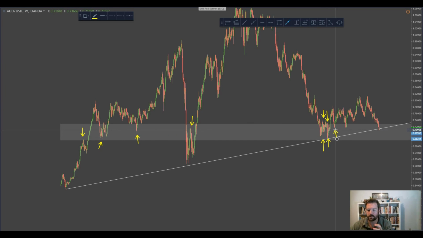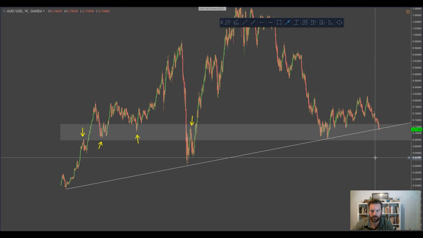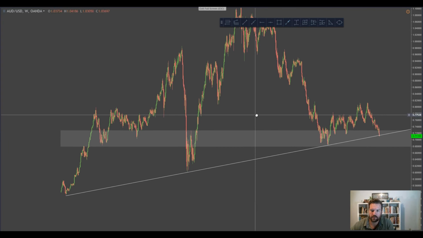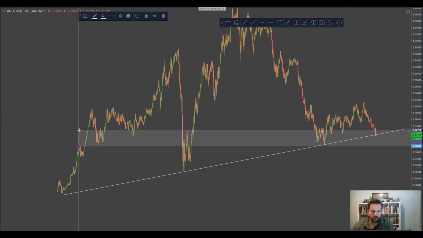Like I said, it's a large zone, but we are smack dab in the middle of that zone right now. You can tighten it up a little bit and encompass a more precise level.